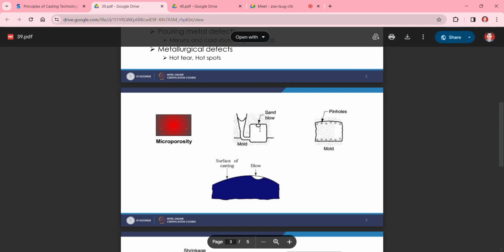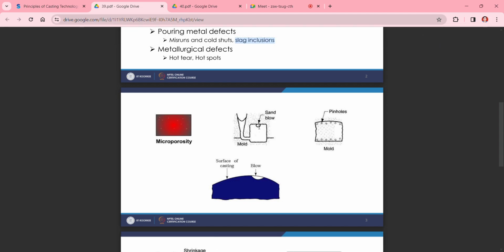Then sand blow. You can see that the sand blow defect is coming due to the blowing of sand. That sand is going to erode inside your casting, and that will come with your final casting. So as you can see, this is the surface of the casting, and that is the blow. That has come due to the sand.